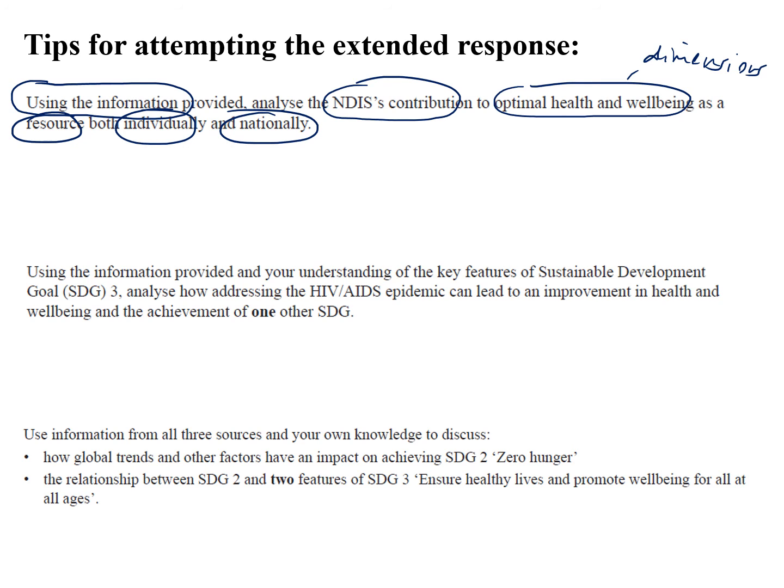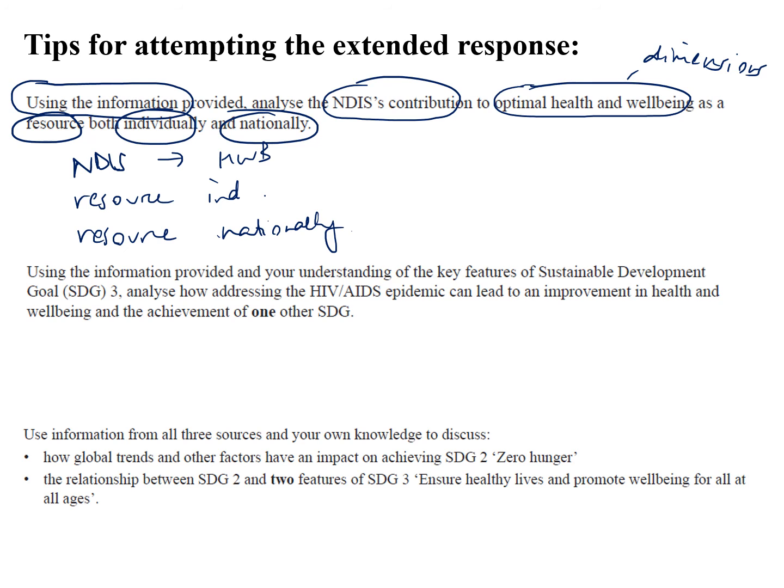I would structure by talking about how NDIS relates to optimal health and well-being, using that information. I would then talk about how it's a resource individually, using stimulus material. I would then talk about how it's a resource nationally. And all in this, I'm analysing, okay? So I'm giving my own interpretation of it.